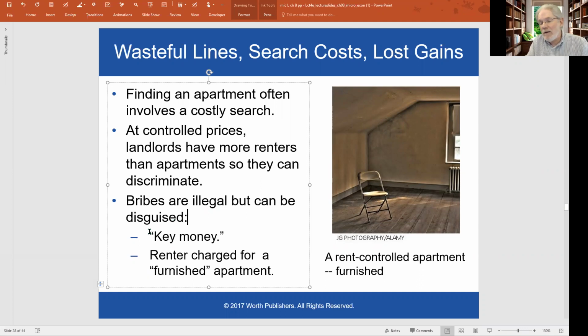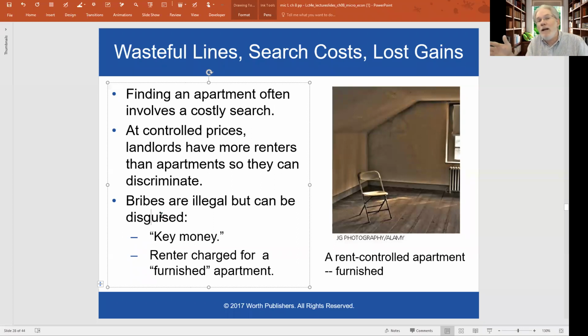The landlord can have a policy of, well, before you take possession of this apartment, you have to put down a deposit for a key, okay? Because you might not return the key at the end. Now, it's possible that they are really concerned that you won't return the key at the end of your lease, or it's possible that this is just a disguised bribe.